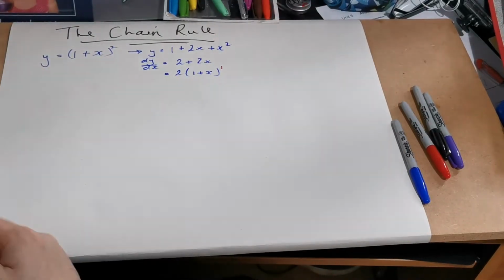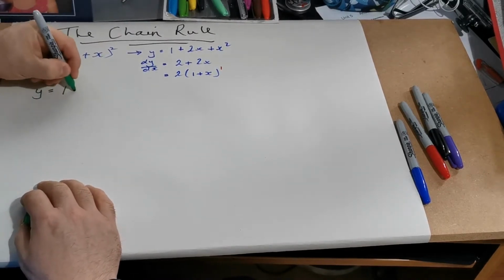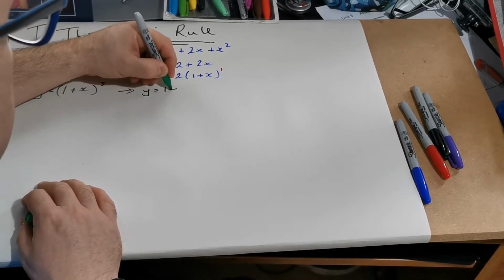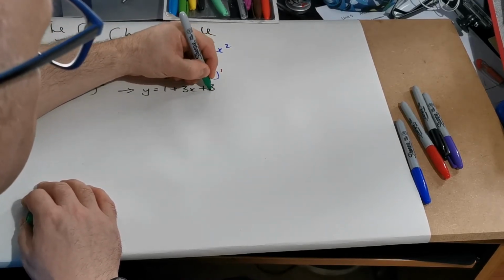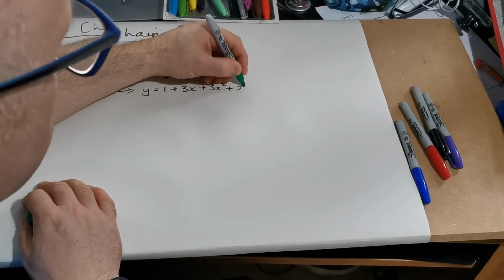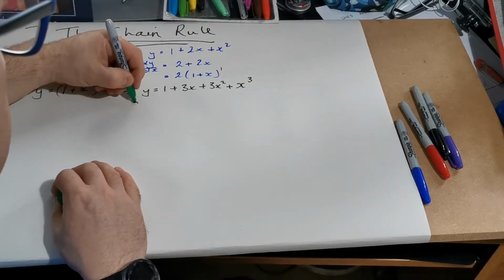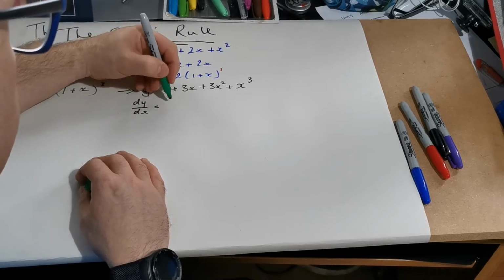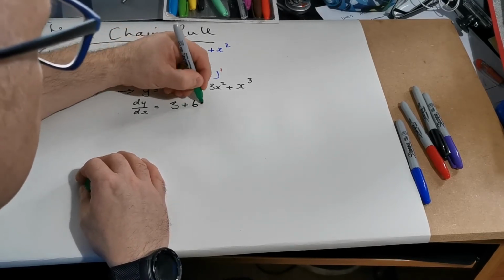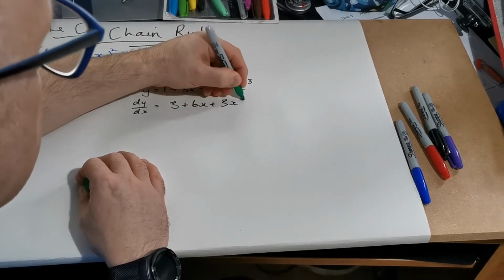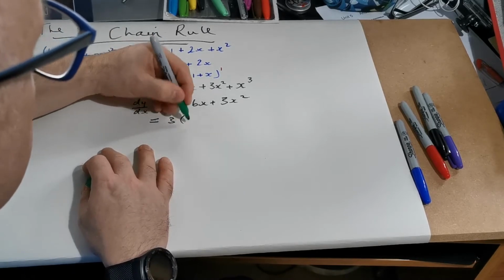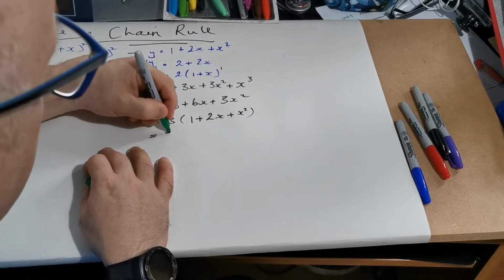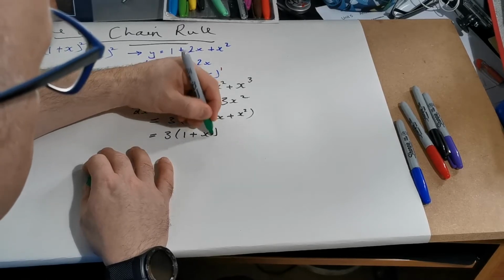Now if I continue that and look at y equals (1 plus x) cubed, using the binomial to expand that, I get 1 plus 3x plus 3x squared plus x cubed. If I were to differentiate that, I get 3 plus 6x plus 3x squared, which is 3 times (1 plus 2x plus x squared), which is 3 times (1 plus x) squared.